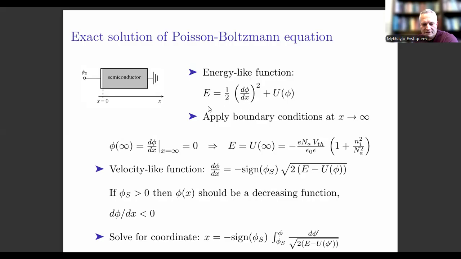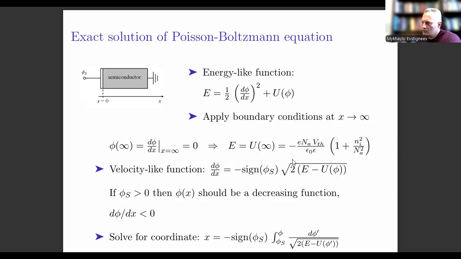Subtract U of φ from both sides, multiply by 2, take the square root. dφ/dx is the square root of 2 times energy E, which is constant. It only depends on the level of doping and on the temperature, on the intrinsic concentration. So the square root of 2 times E minus U of φ. But now we need to be careful.